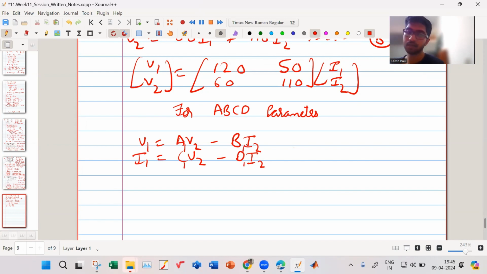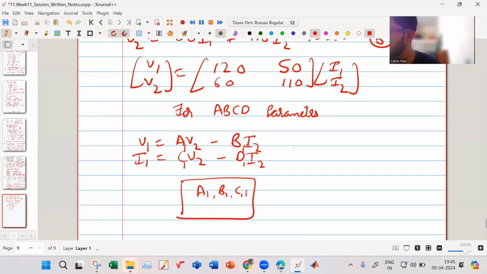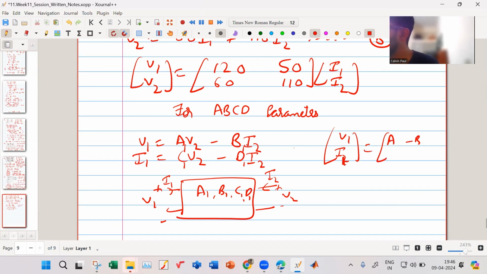So this is my network, which is given by A1, B1, C1, D1. This is my V1, this is my I1, this is my I2, this is my V2. So I get V1, I1 is equal to [A, minus B; C, minus D] times V2, I2.